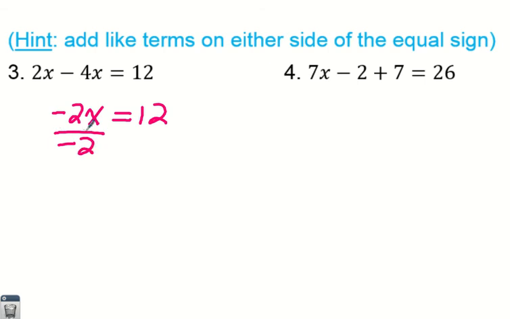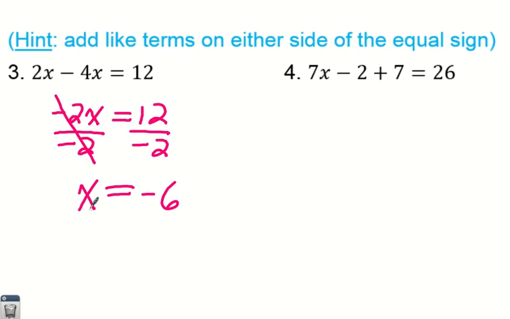We divide by negative 2. So whatever's being multiplied to the x, we divide both sides by that. And then 12 divided by negative 2 is negative 6. And as always, once x is by itself, you're done.